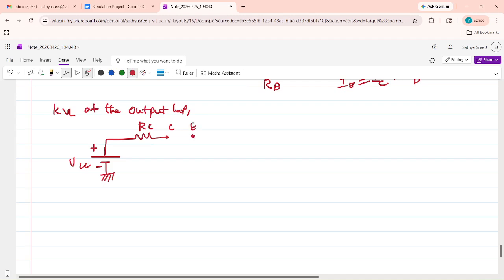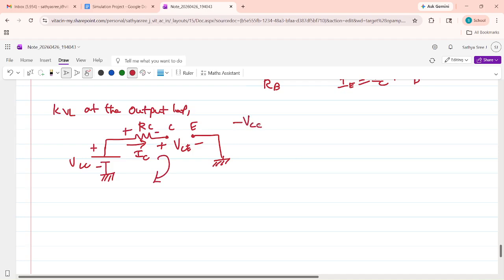After that there is an emitter terminal. The other end of the emitter terminal is grounded. There is a voltage drop between the collector and the emitter terminal. So this is a complete loop. The current flowing through RC is IC. Now I will write a loop equation here.